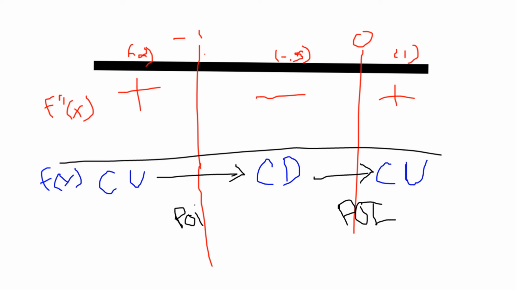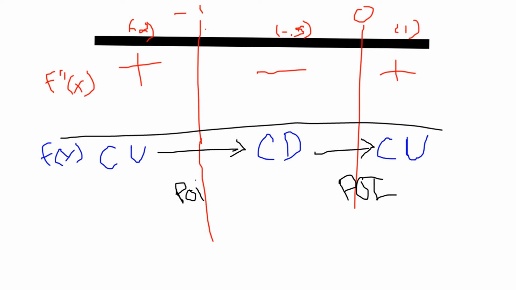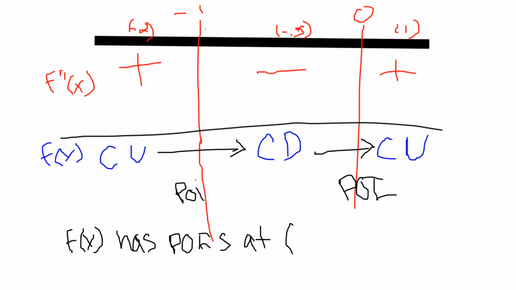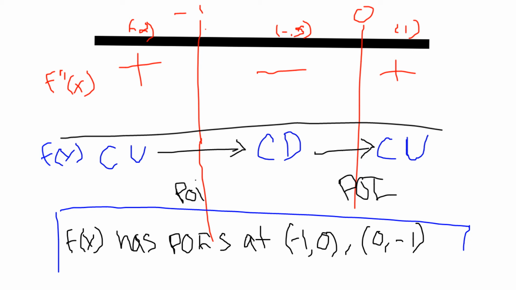So now we can say that f of x has POIs at, and then we have -1, plug that -1 into f of x to get this y value, which is 0, and another one at 0, comma, -1. And that is our final answer.